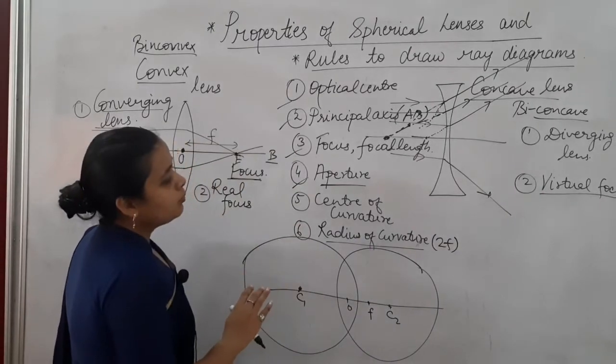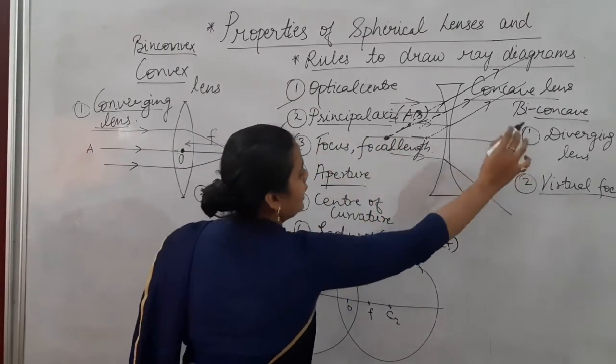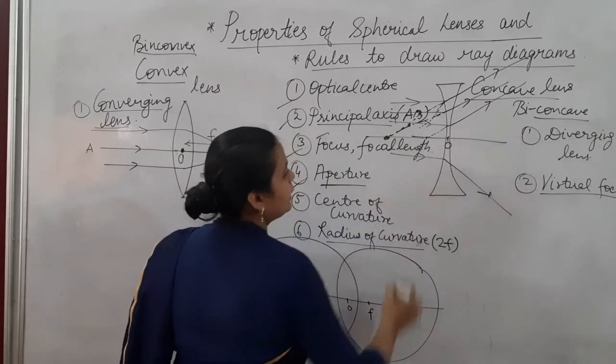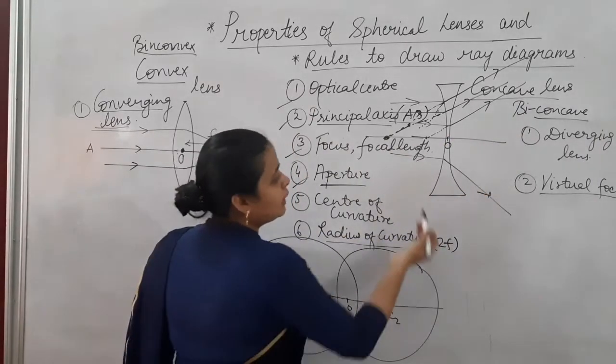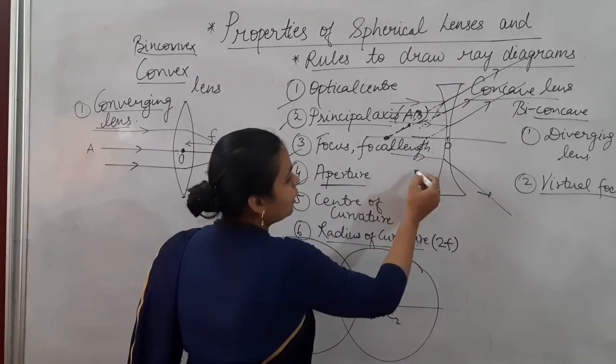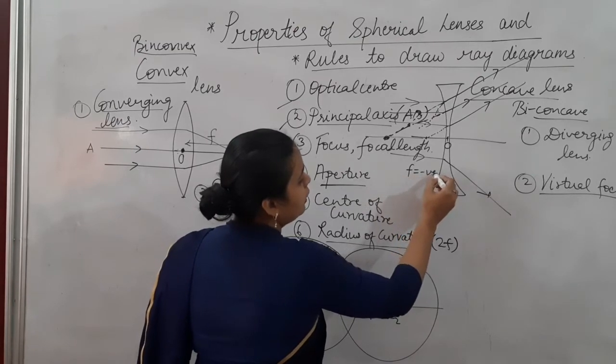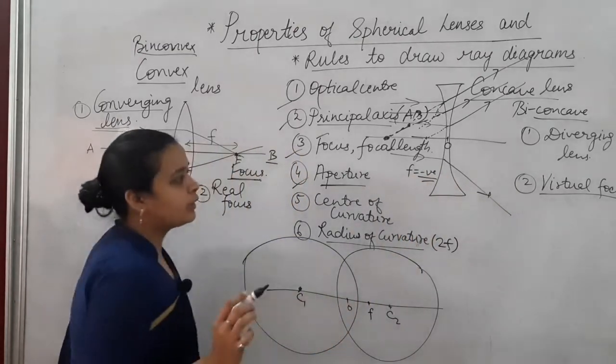These all were the same things: this will be the principal axis, this imaginary axis. This will be the optical center. Its focus is on the left side. Its focal length will be considered, by sign convention, as negative.